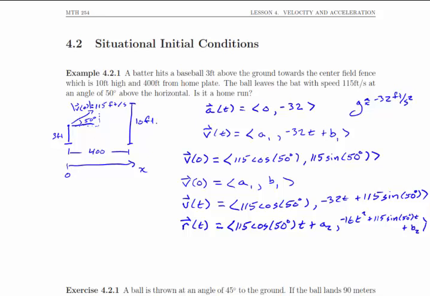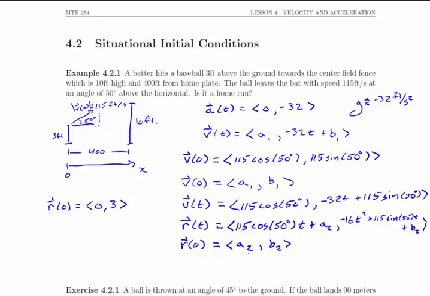And my initial conditions for position, we have r of 0 is 0, 3, right? So if I plug that in over here, I have r of 0 equals a2, b2.